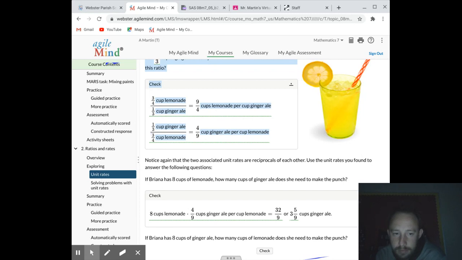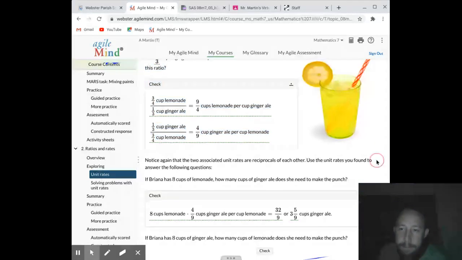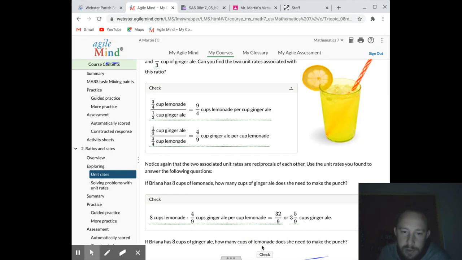We're going to multiply. We are multiplying by what? Would I be multiplying by 4 ninths or 9 fourths? 4 ninths.